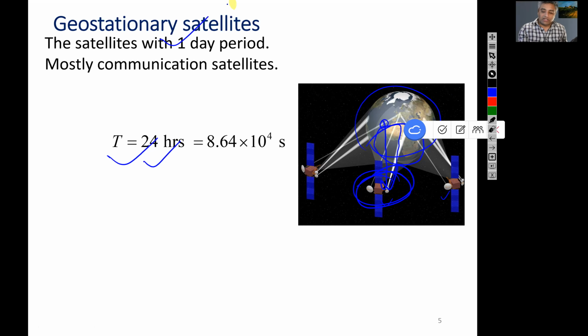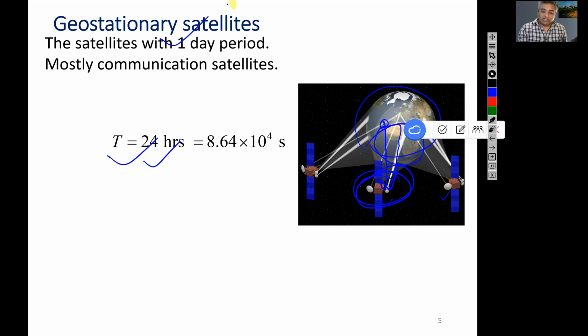Mass of the satellite cancels. Only the mass of the host object matters, okay? So the mass of the satellite doesn't matter, so that's why it's equal. It simply depends on height. So if it is not a geostationary satellite, you can put that at different heights. But if it is geostationary, then it has to be at a fixed height.